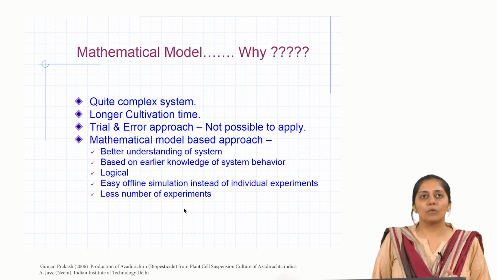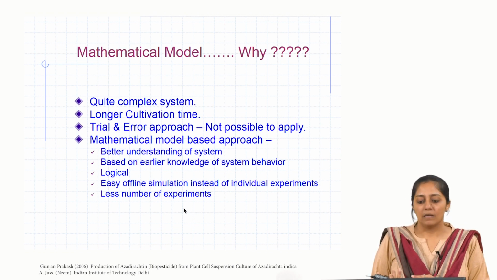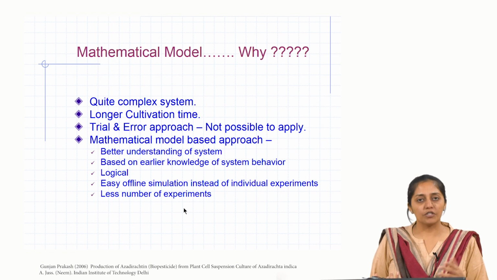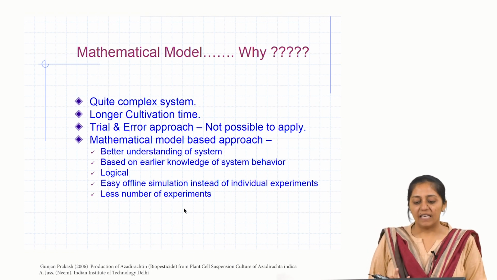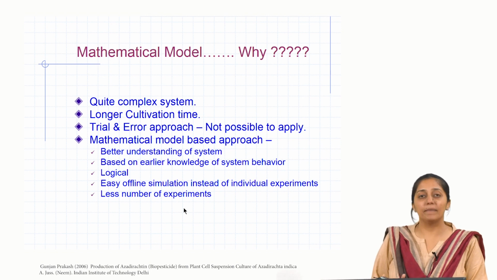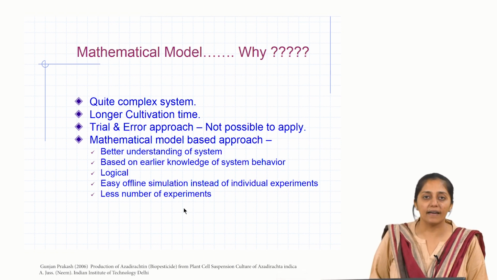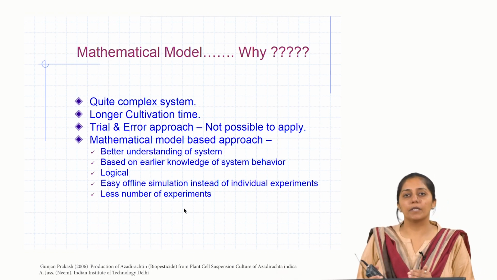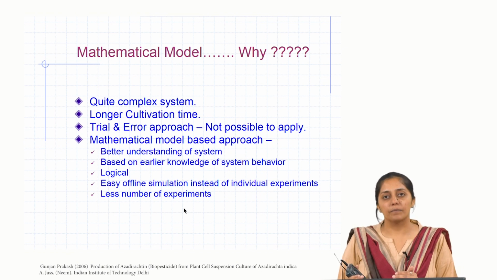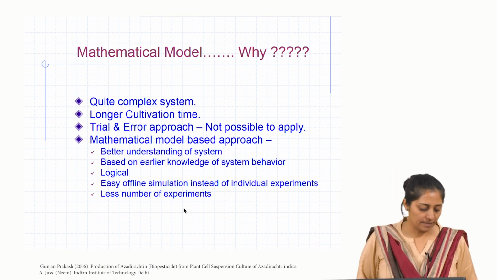Hence, the mathematical model approach can give you a better understanding of the system. Now, it is based on the earlier knowledge of the system behavior, so it is more logical. Easy offline simulation can be done instead of doing hit and trial experiments, and thereby the number of experiments one would take to reach the optimum or enhanced productivities would be less.